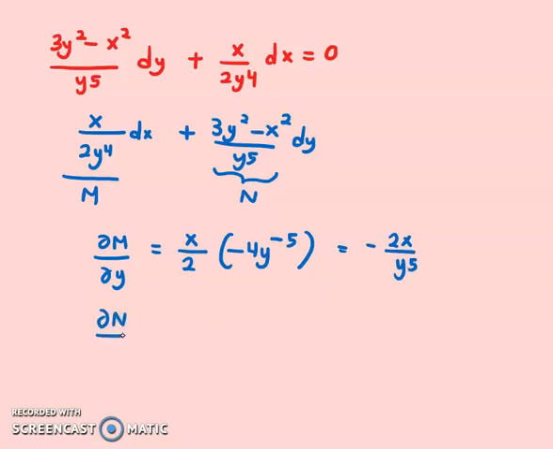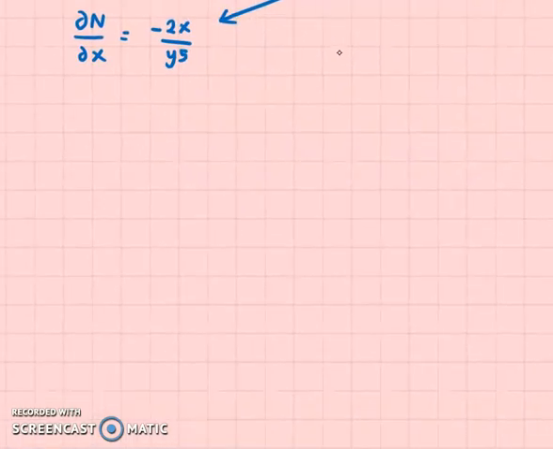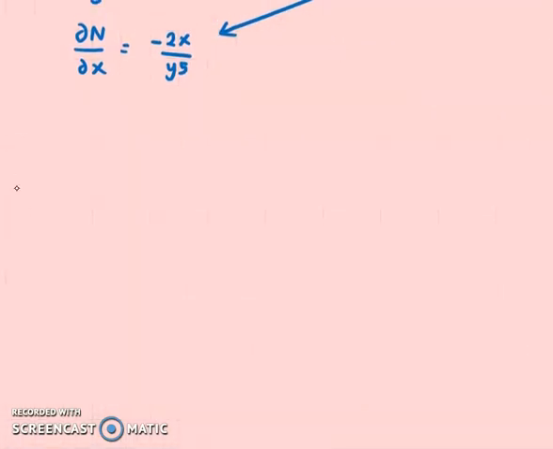Now with respect to x, this is the equation here, so we have negative 2x over y^5. Therefore we can see that these two are the same and they are exact. So once they are exact, we can use the exact approach to solve this equation.